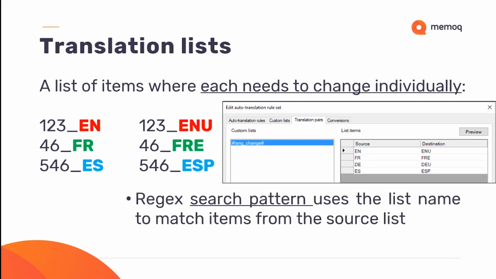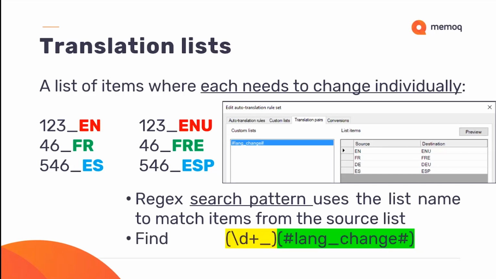So this is what we will do. We will set up a list. We will search for the things in the list in the source language and exchange them for the translations of these things for the target language. So again, we're looking for the digits, \d plus _, because that's the part that stays the same. And then we look for anything that is in the list of my language change.